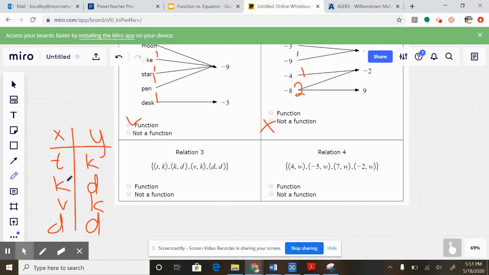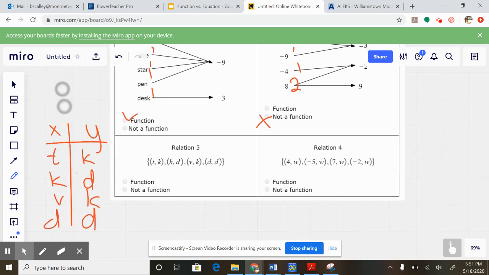Nowhere else do I have a T with a different letter. K, one output. V, one output. D, one output. If you want to change these lists into mapping diagrams or tables, anything that you might be more comfortable with, that's fine by me. But essentially, there's only one output for every input.